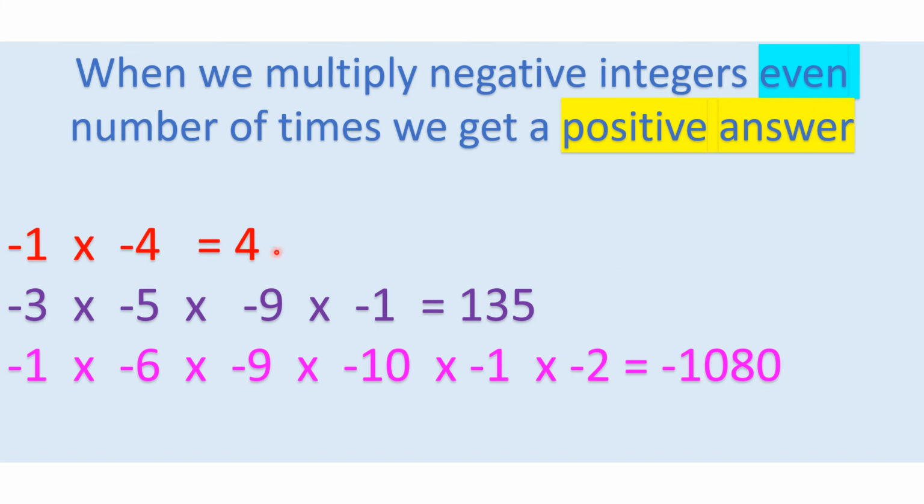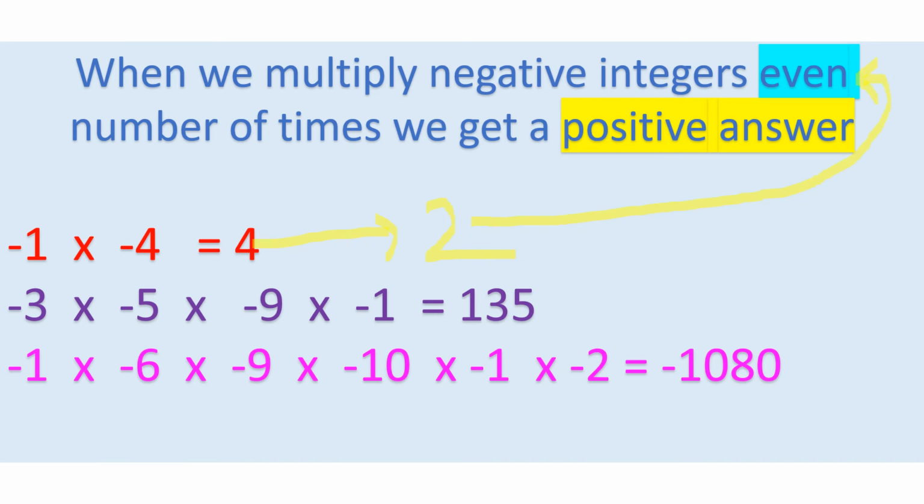Look at the first example. The first number is -1, the second is -4. Both are negative integers, right? And how many negative integers are there? There are 2 negative integers, and 2 is an even number, right?